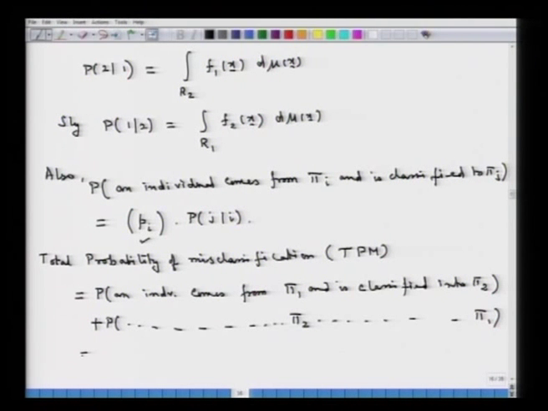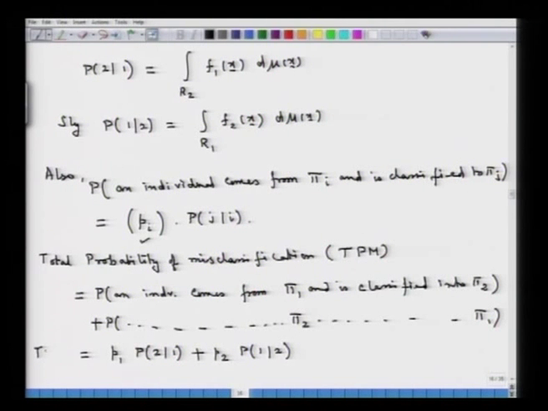So that this in our previous notation is equal to, now this would be individual is coming from pi 1. So the a priori probability is p1, and then it is getting misclassified into the second population. This is the first part of the probability statement, the total probability of misclassification, plus it is coming from the second population which has got a prior probability equal to p2, and it is getting misclassified into the first population.